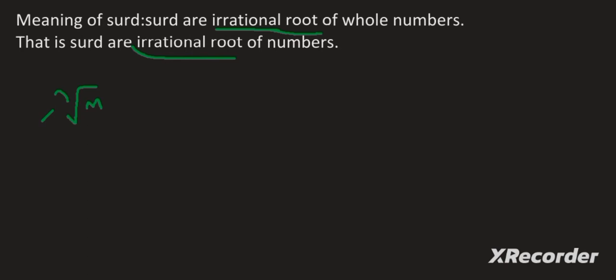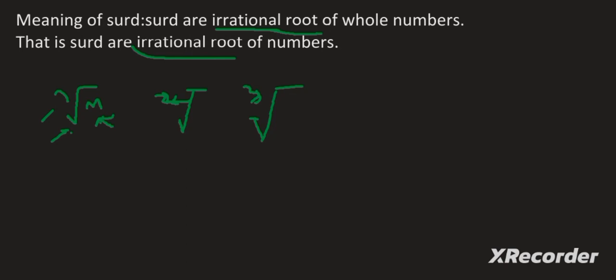This is called the radical sign, and this here is the whole number. So any root, be it a square root, the second root, or even a cube root, of a number that gives you an irrational value.